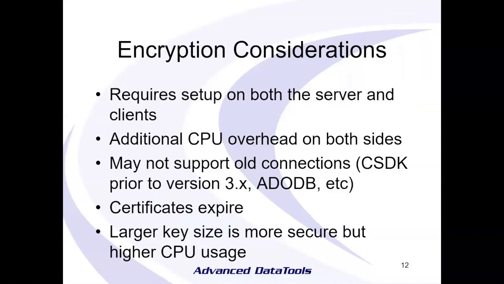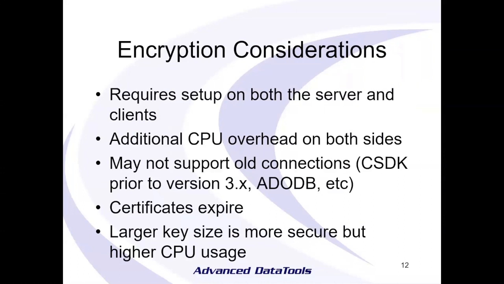The other consideration is how big is your key? This is how many bytes effectively of data you're using to encrypt it. Default used to be 512, then it was 1024. Now 2048 is about the standard, but a lot of places are now moving to 4K effectively in size. The larger the key size, the more secure, the harder it is to break that encryption.